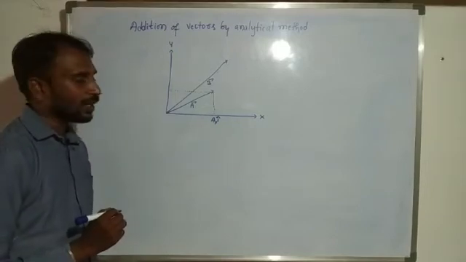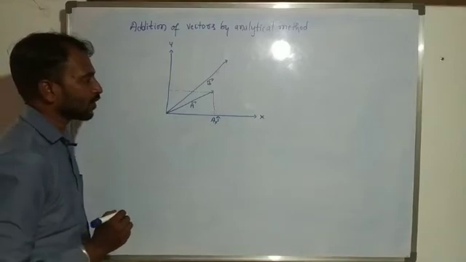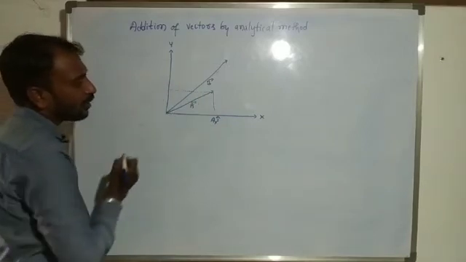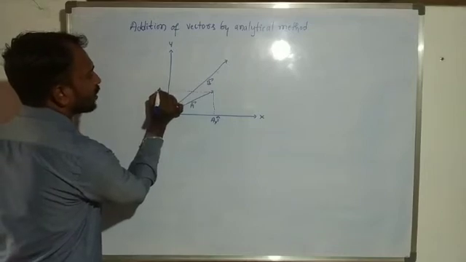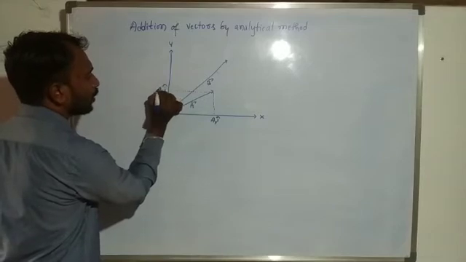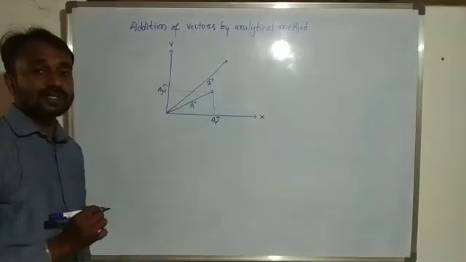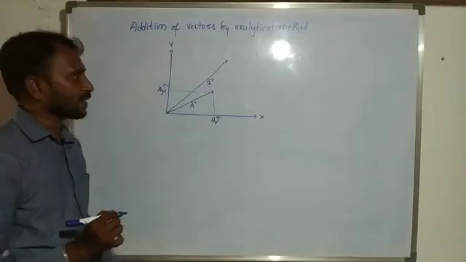Ax i cap is the component of vector A along the x axis. And the component of vector A along the y axis is Ay j cap. So this is the component of vector A along the y axis.